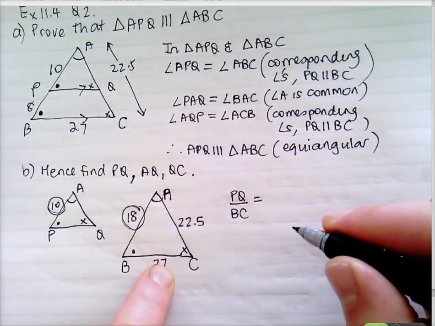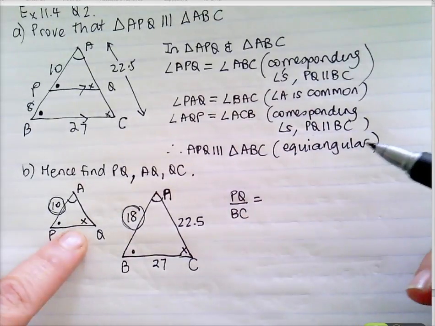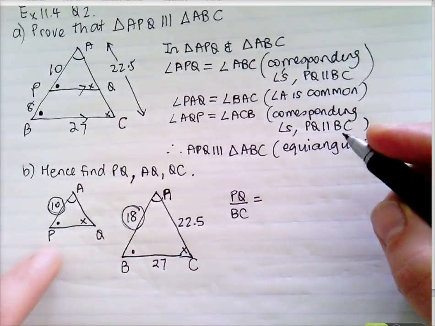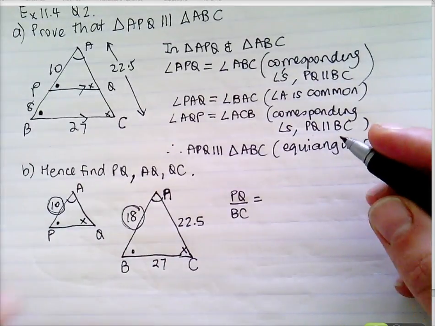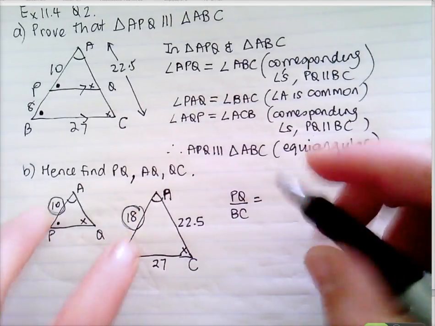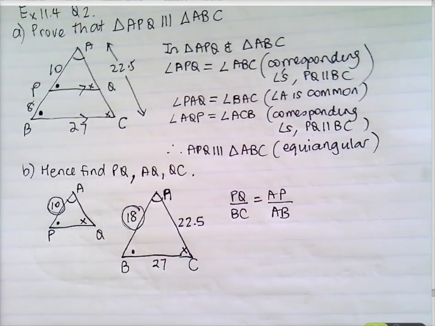Why am I choosing PQ first? Because I'm trying to find PQ. So PQ matches with 27 equals, I need another set that matches between the two triangles. 10 and 18. So equals AP over AB. I'll put the numbers in a minute.